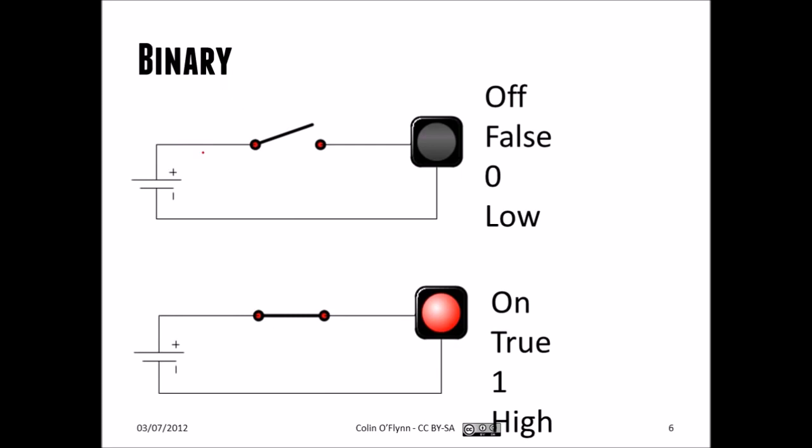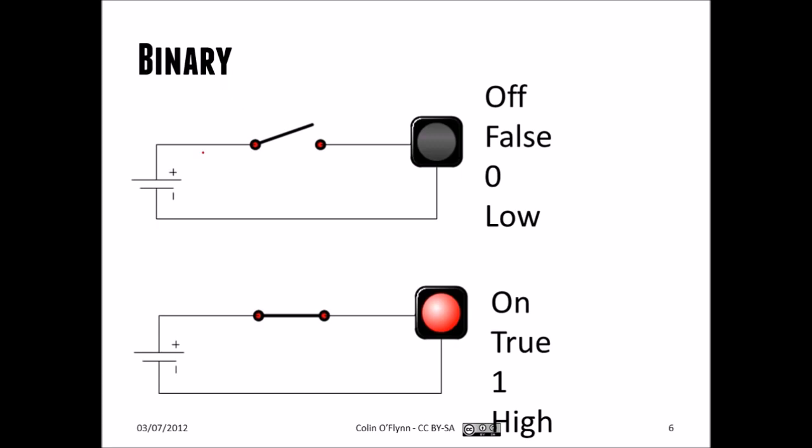So a subset of digital is what we call binary. So binary is only 2 states. There'll be different names for them, but if we imagine a switch with a light bulb, the switch is either off or it's on, and that's it. So you can see the light bulb's off there, on there.